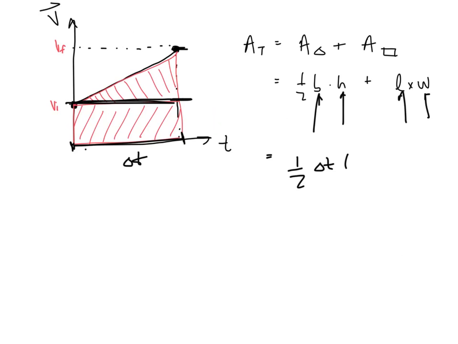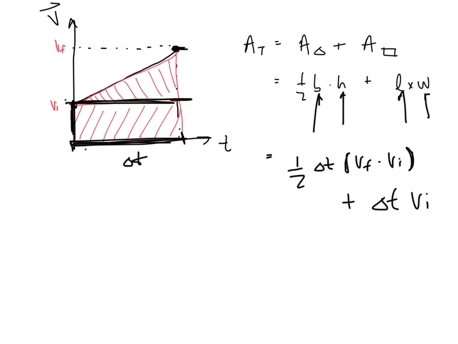So the height of the triangle is going to be vf subtract vi, okay? And all of that, the triangle's area, we have to add to the area of the rectangle. So once again, the length of the rectangle we see is delta t, and the width of the rectangle takes us up to vi, okay?